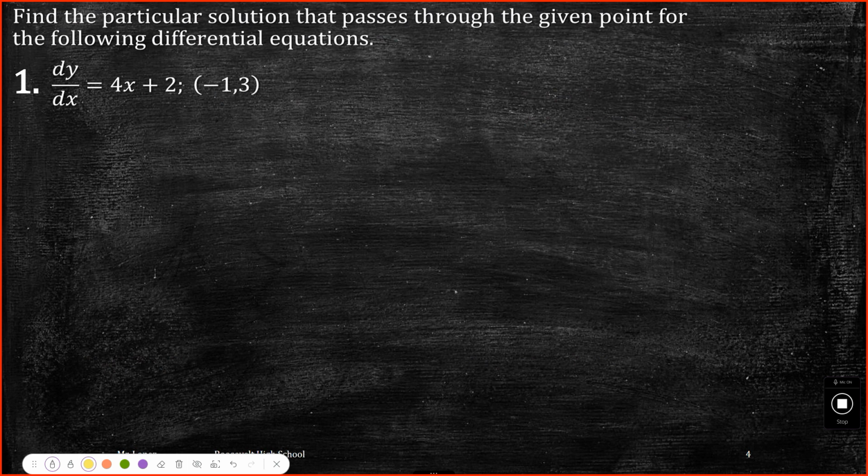Okay, so this is a derivative already. It's linear. dy/dx equals 4x plus 2. It's already a derivative. So what would it be?